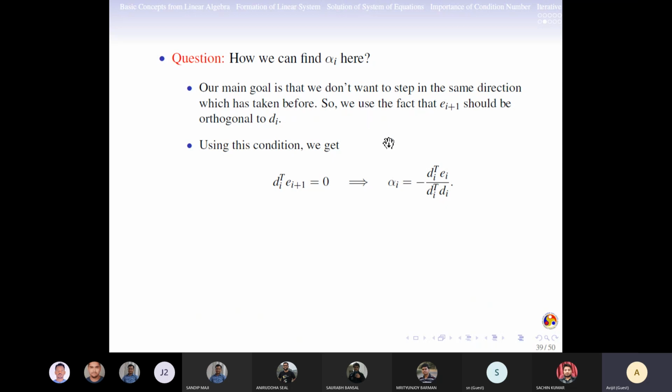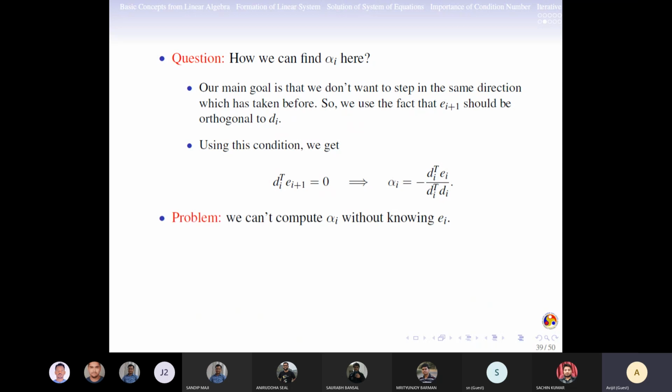So there should be some new condition. The new condition is that the error e(i+1) should be orthogonal to di. By this condition you can find alpha i. The e(i+1) is the error in the (i+1)th iteration, and it should be orthogonal to your previous direction di. Now if we set that condition equal to 0, it gives you alpha equal to minus di transpose ei divided by di transpose A di.